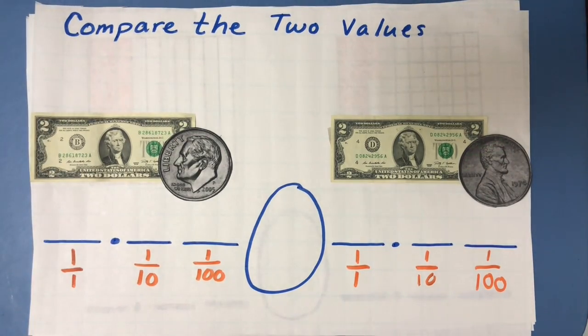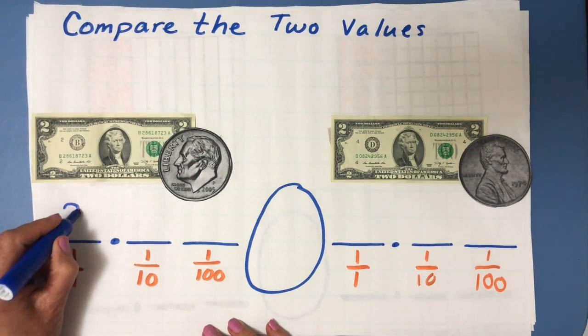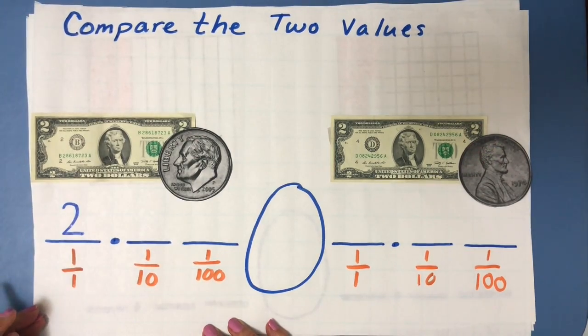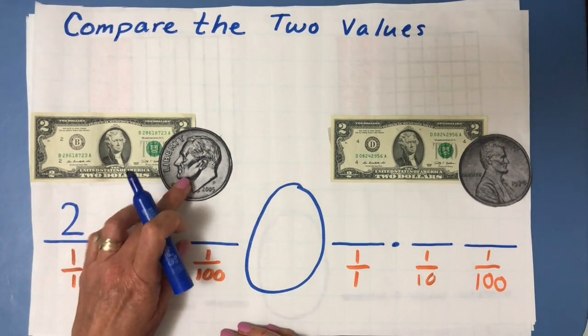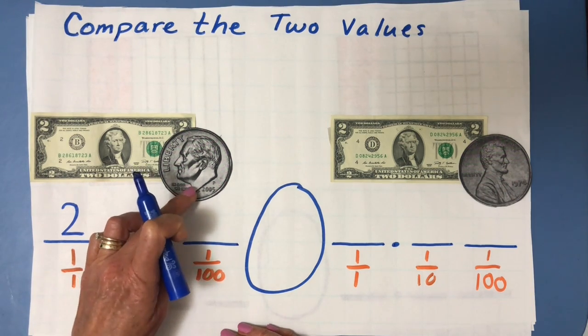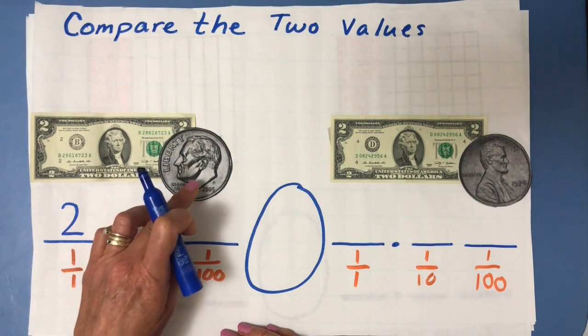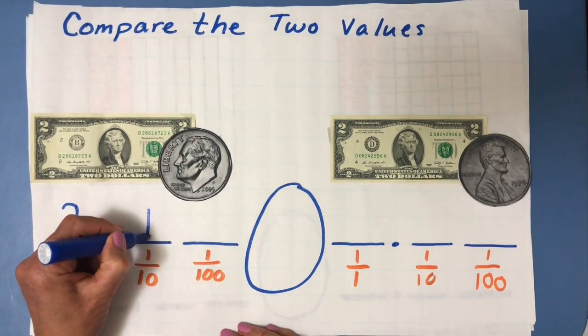So I'm going to put a 2 in the ones place, because it's 2 wholes. Then I know that this is a dime, and I know it takes 10 dimes to make $1. Right now I only have 1 out of the 10, so I'm going to put that here.